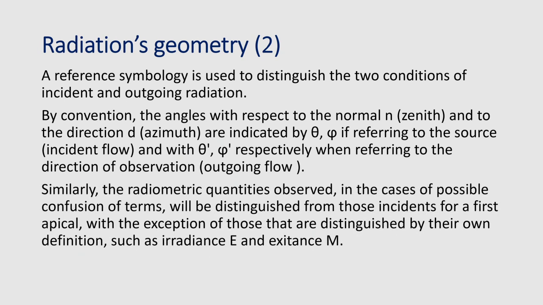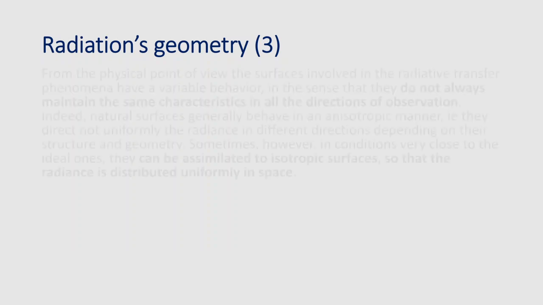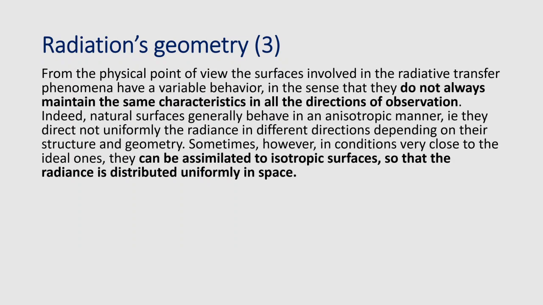Similarly, the radiometric quantities observed, in the case of possible confusion of terms, will be distinguished from those incident by a first apical, with the exception of those that are distinguished by their own definition, such as irradiance E and excitance M, that are two quantities that we already know very well. All right, so let's continue with the radiation geometry.